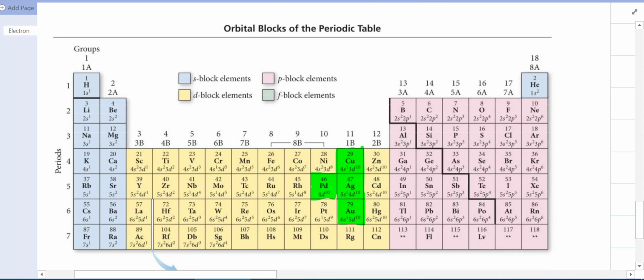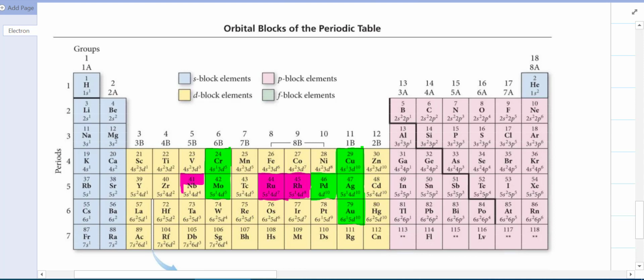Chromium and molybdenum are also good ones that make sense. All right? Okay, there's some that don't make sense. Rhodium doesn't necessarily make sense. Ruthenium doesn't necessarily make sense.